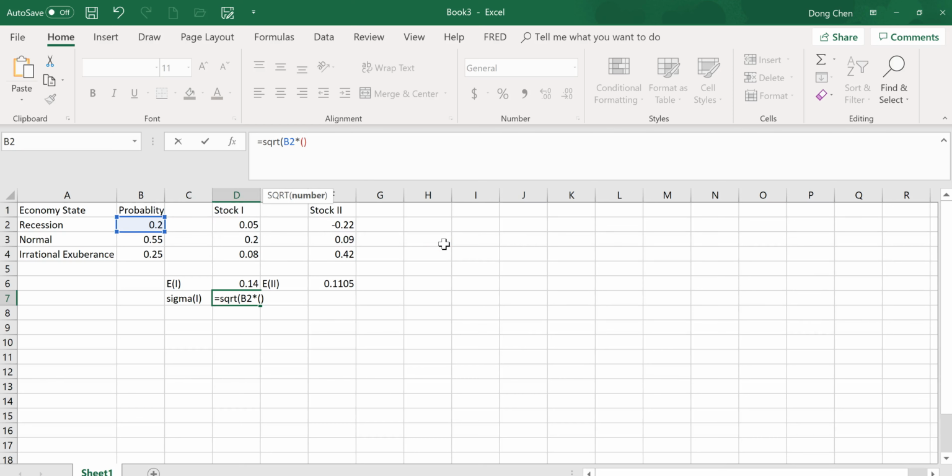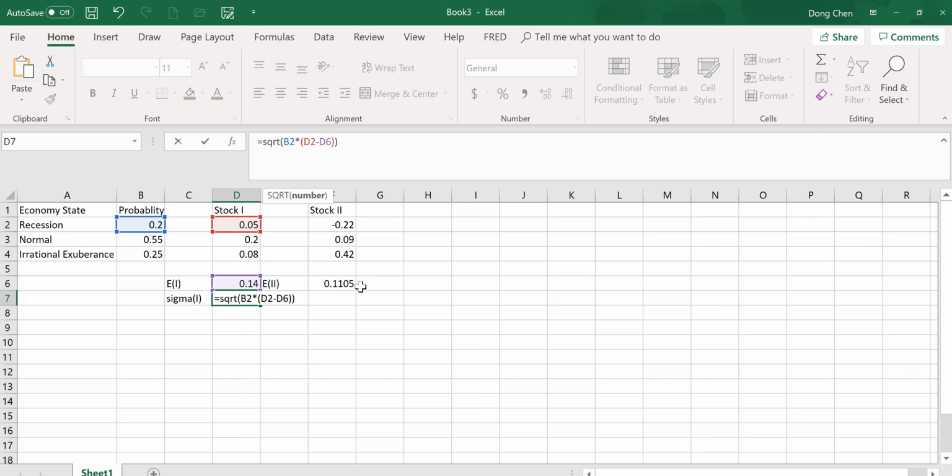So the squared deviation of the return for stock 1 under recession: it's a deviation, so it's the return under that economy state minus the expected return.